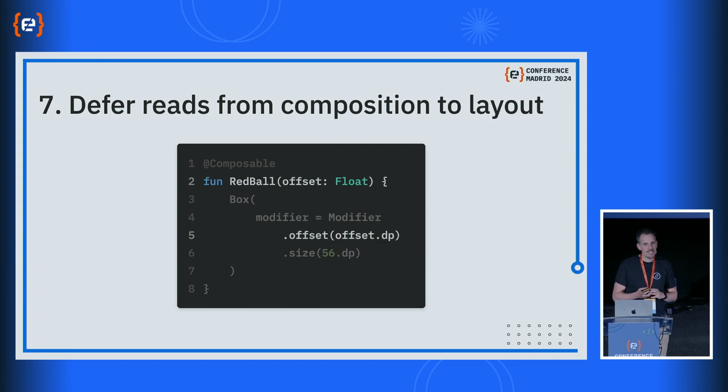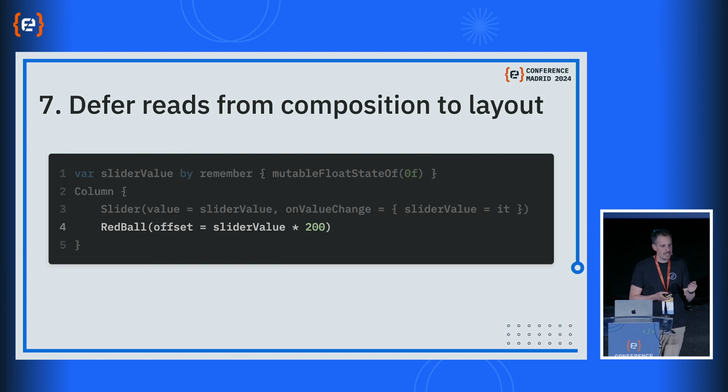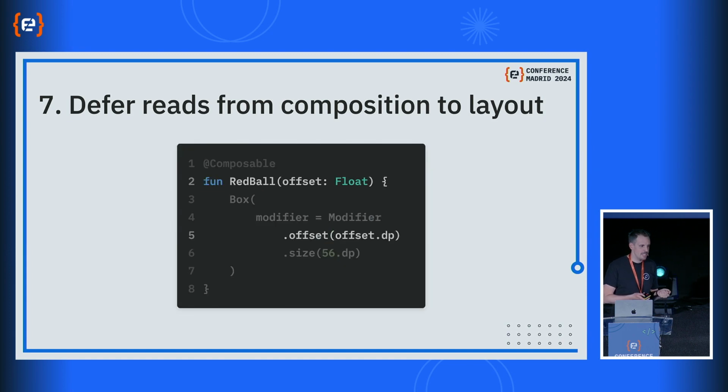Because the modifiers, even though we see it here as a state, in the composition phase, they will be parents of the red ball in this case. So every time we modify the modifier, we need to recompose that composable, that node in the UI tree. So this causes a lot of recompositions, especially with a slider that is all the time changing its value.